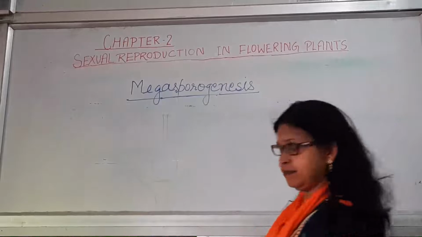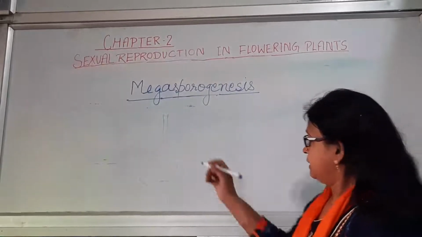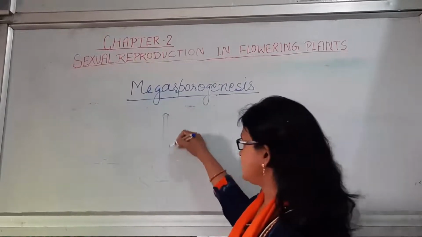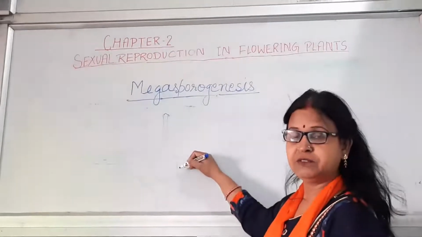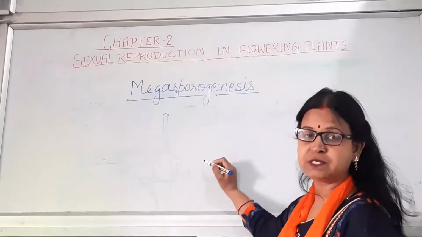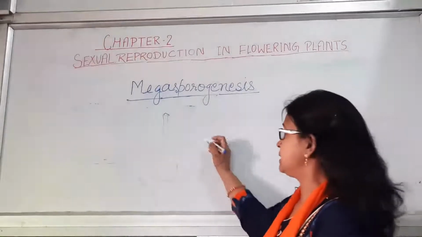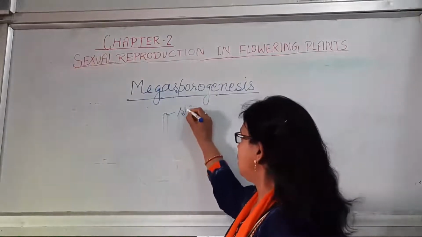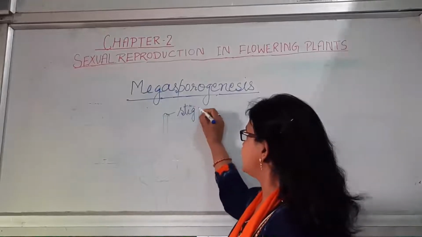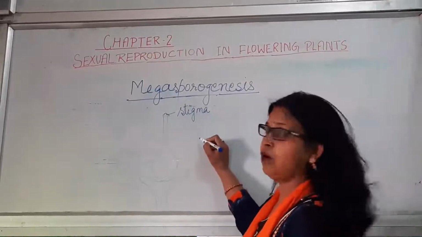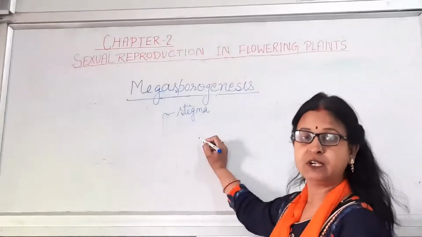You can see that there are three parts of this female reproductive part which participate in the formation of the female gamete. This is the stigma of the flower, which acts as the receptive organ for the pollen.